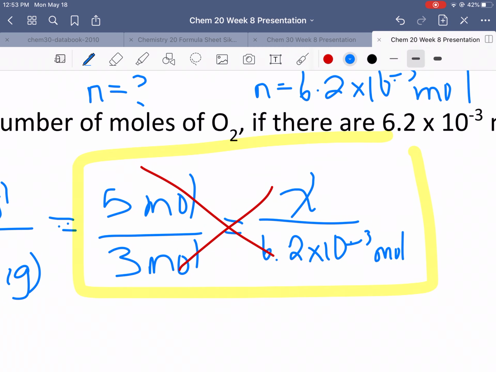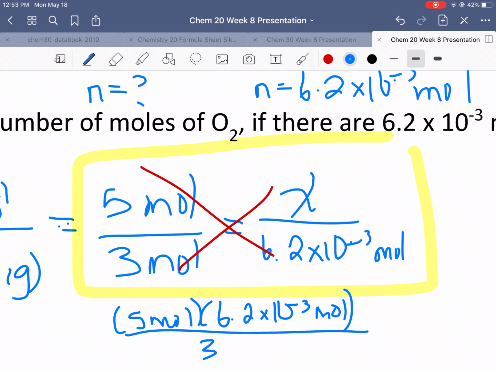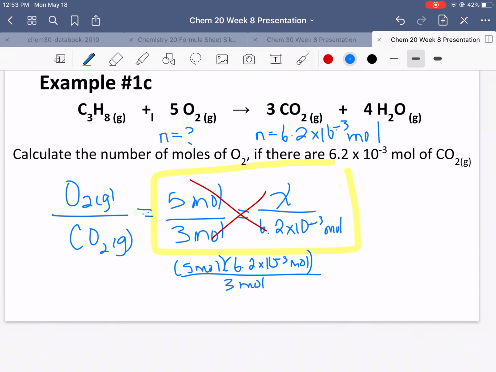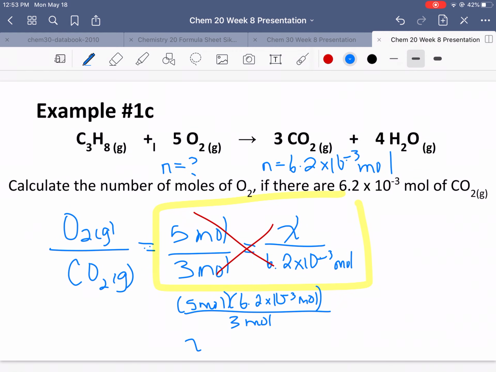We're going to have 5 moles times the 6.2 times 10 to the negative 3 moles, of course, divided by those 3 moles. X is going to be equal to, when you work all that out, 2 sig digs, guys, because that's 6.2, 1.0 times 10 to the negative 2 moles of oxygen gas.